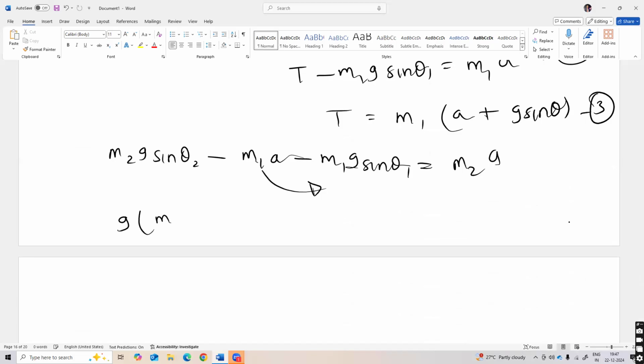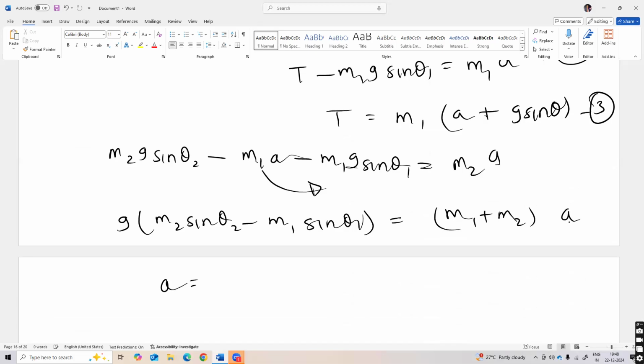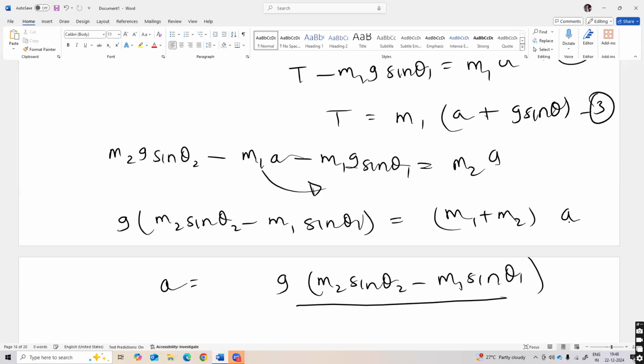We get g times m2 sine theta 2 minus m1 sine theta 1 is equal to m1 plus m2 into a. So acceleration is g into m2 sine theta 2 minus m1 sine theta 1 divided by m1 plus m2.